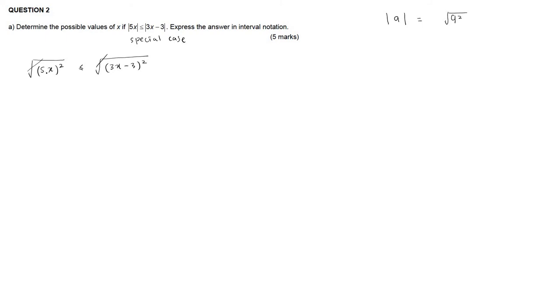Square each element inside the bracket: 5 squared is 25x squared. For 3x minus 3 to the power of 2, expand: it is 3x minus 3 multiplied by 3x minus 3. When you expand, you will get 9x squared minus 18x plus 9. We can put that here.